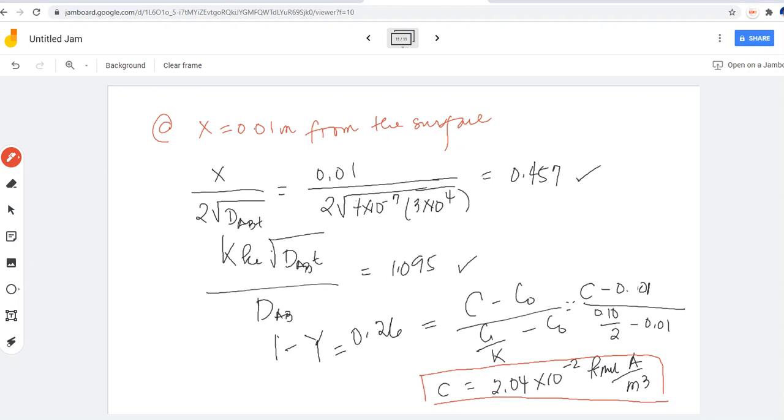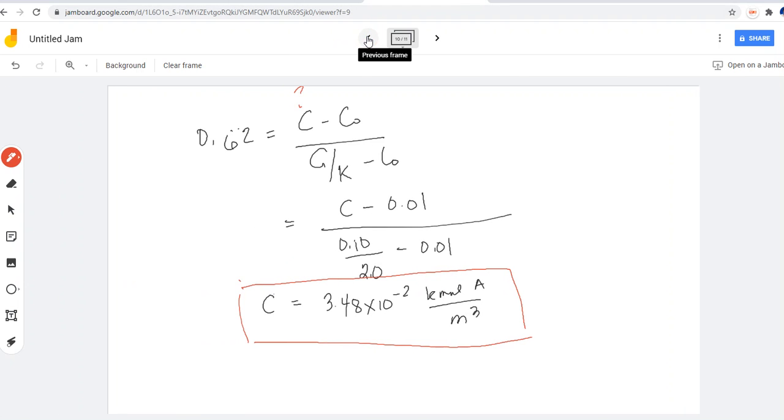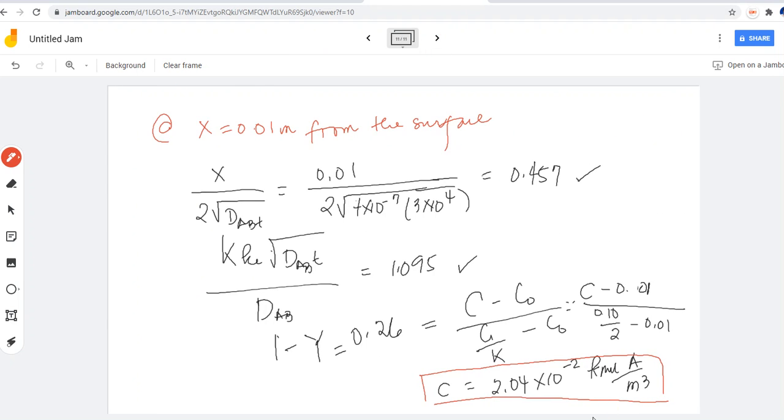We expect, of course, that over time the concentration on the surface will still be greater than the concentration somewhere away from the surface, because our diffusion is starting right on the surface. So over time, we expect that a distance from the surface will have lesser concentration than that on the surface.